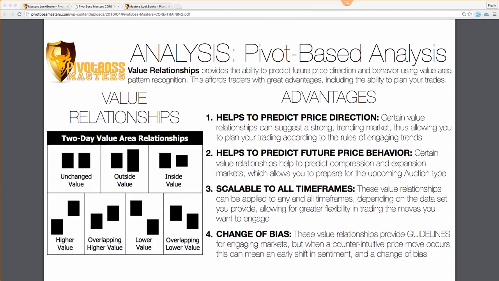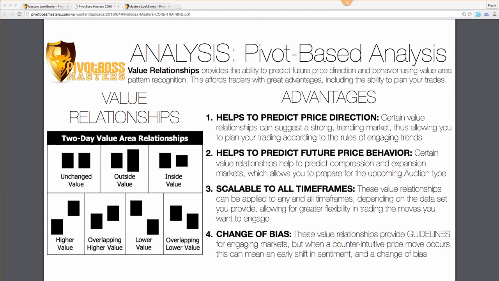Value relationships provide the ability to predict future price direction and behavior using value area pattern recognition. And this affords traders with great advantages, including the ability to plan your trades. So I just mentioned a little anecdote there where I was finally able to engage the market from a perspective where I went to sleep knowing that I was going to pull the trigger on an inside value breakout the next day.